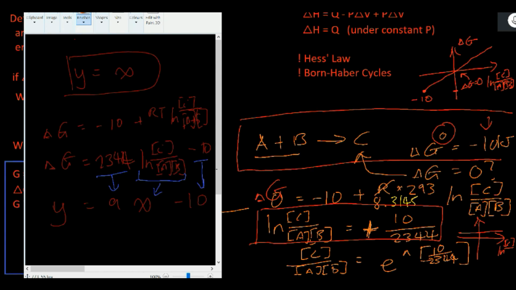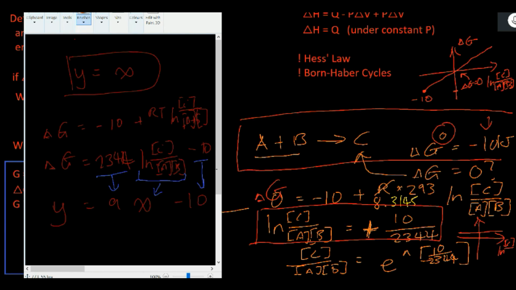Okay, so what I was trying to do was to build the intuition. At standard temperature, if you only have A plus B and very, very little C, I can't say 0 C because that might screw up the equation. It'll become an undefined equation.